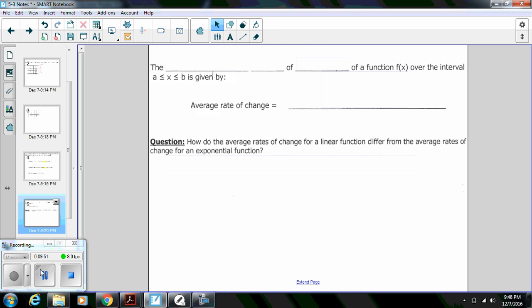All right. So now we are on to calculating what we used to know as slope for linear functions. Now instead of slope, what we talk about is called an average rate of change.